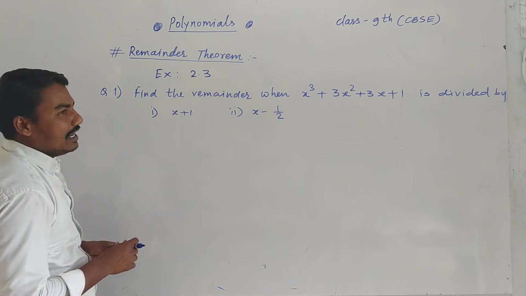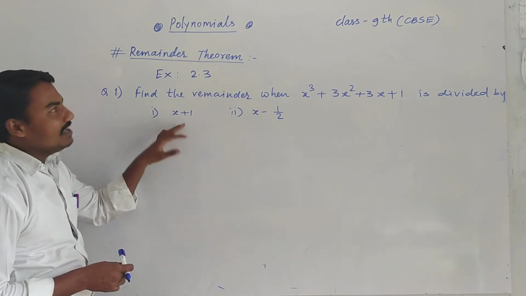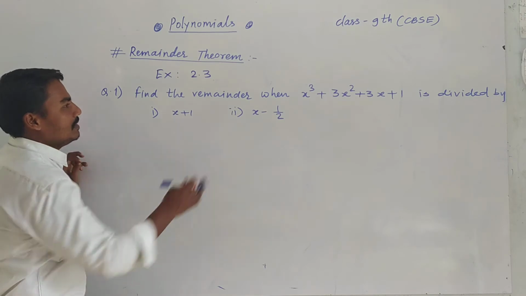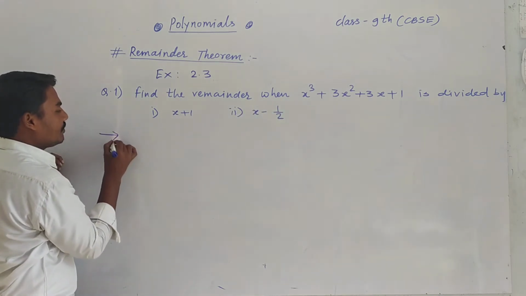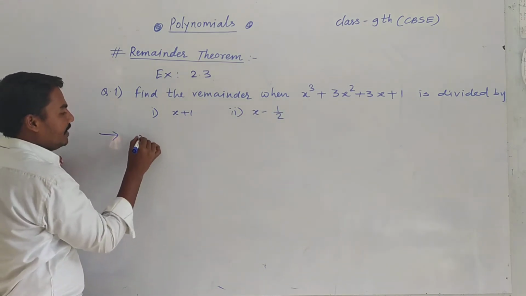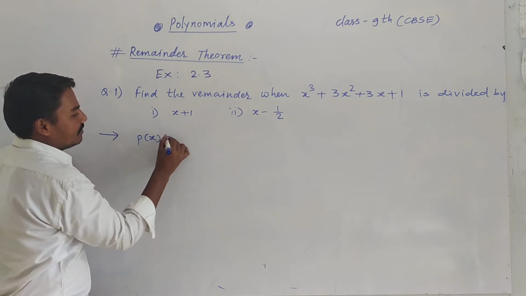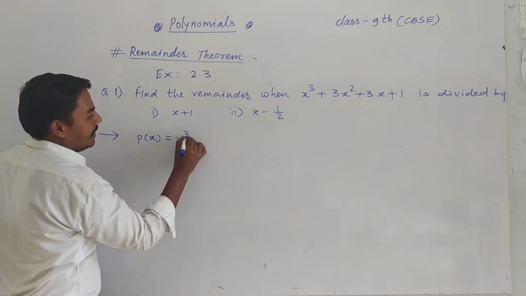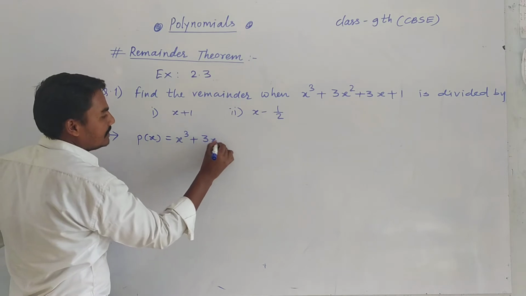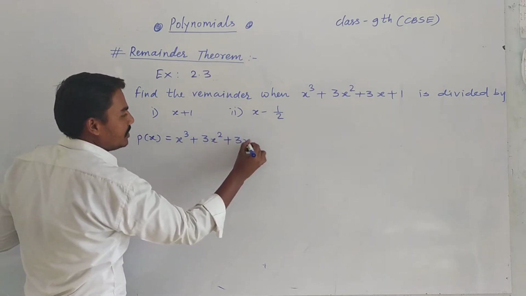So I want to calculate the remainder by using the remainder theorem. One polynomial is given to you: P of x is equal to x cube plus 3x square plus 3x plus 1.